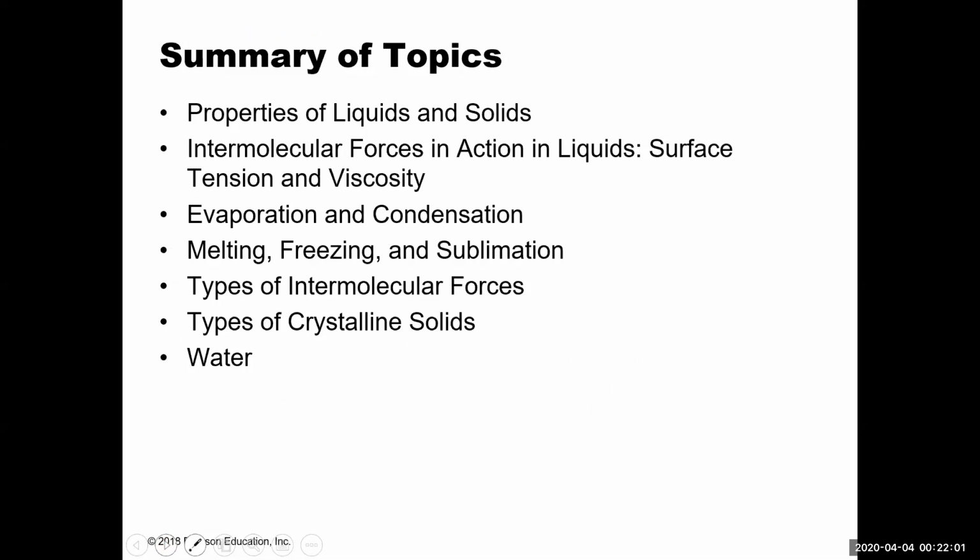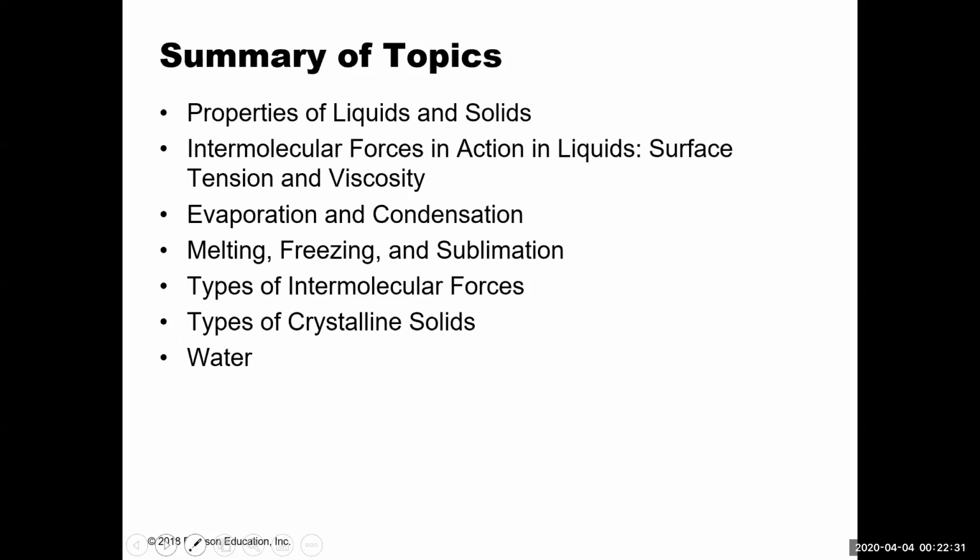So as a summary of this chapter, we looked over properties of liquids and solids. We looked at surface tension and viscosity that happen from the high intermolecular forces in liquids. We looked at phase changes: evaporation and condensation between the liquid and gas, melting and freezing between the solid and liquid, and sublimation between the solid and gas.